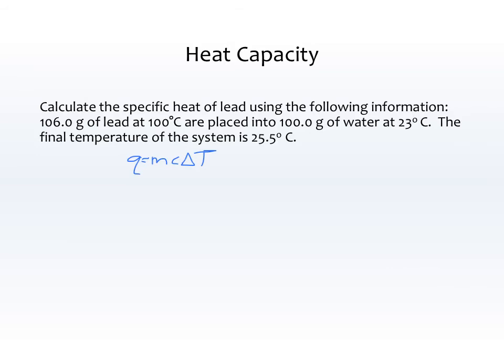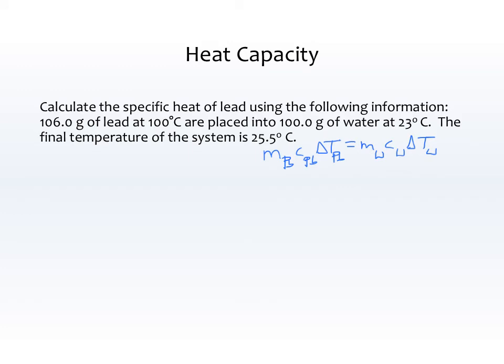So the M of the lead times the C of the lead times the delta T of the lead, essentially energy lost by lead, is equal to the M of the water times the C of the water times the delta T of the water, or energy gained by the water. Essentially, we have mc delta T equals mc delta T.